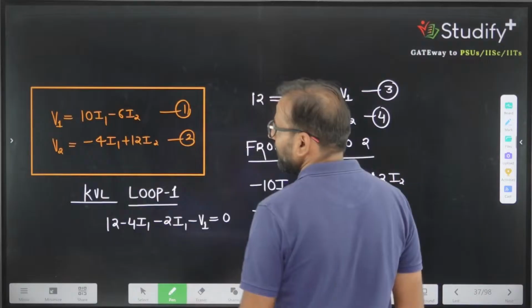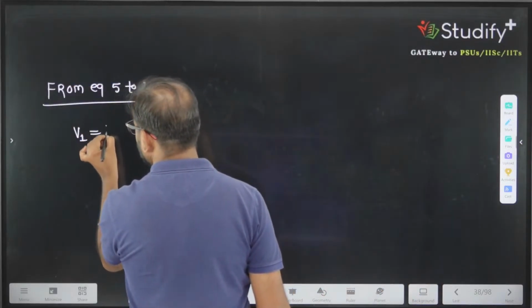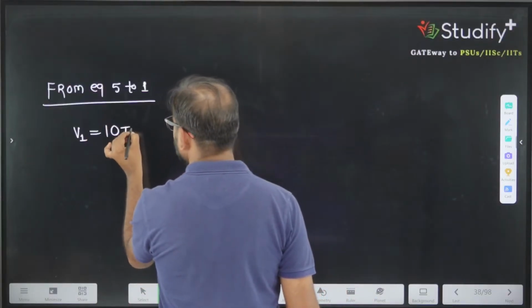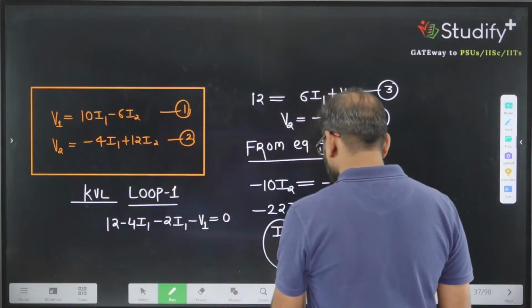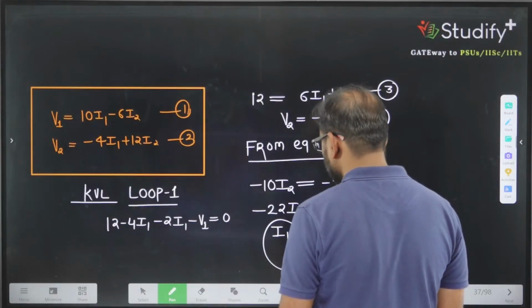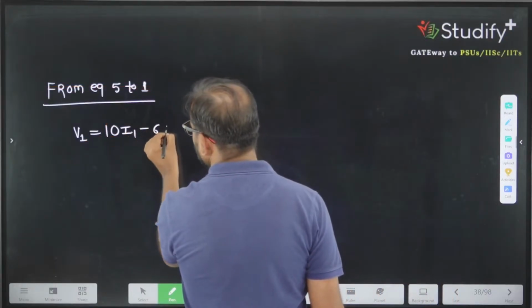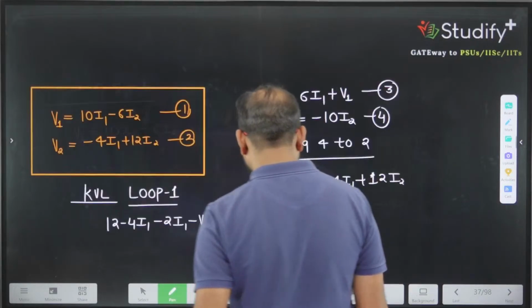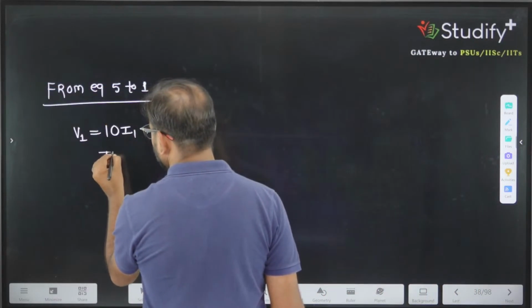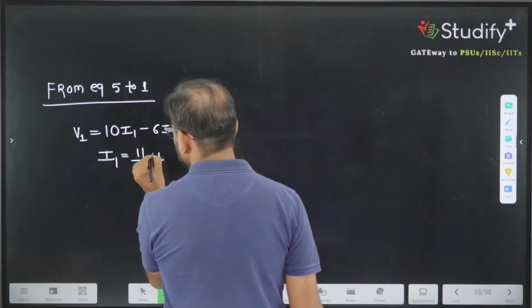Can I say V1 is equivalent to 10 times I1 minus 6 times I2? And one more equation we are saying is I1 equal to 11 by 2 times I2.